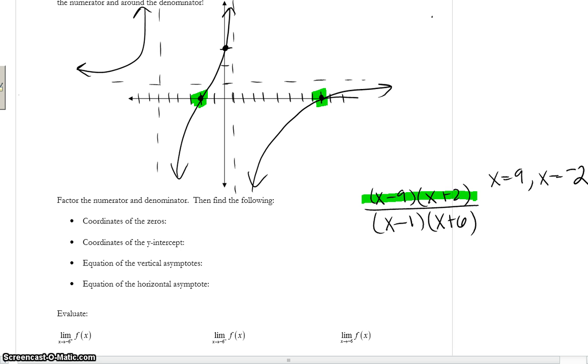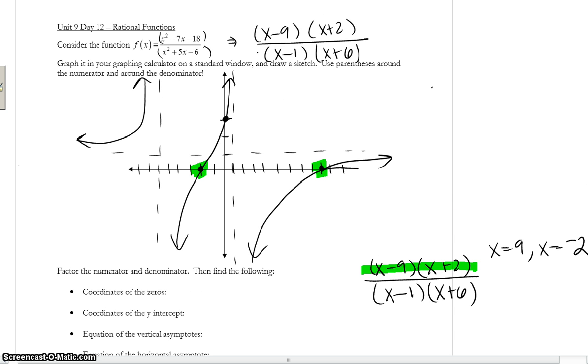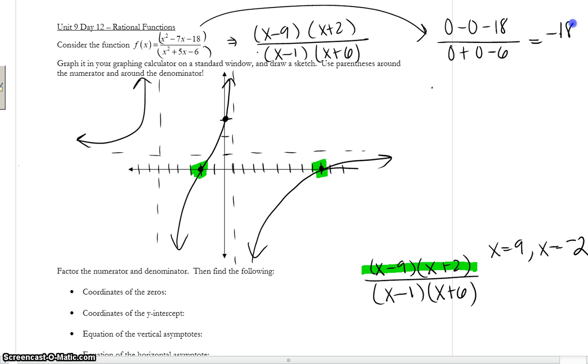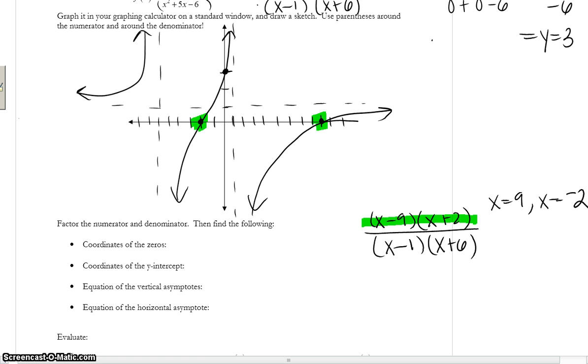And then it says find the coordinates of the y-intercept. So if we were to plug in 0 into our function, we would get 0 minus 18 over 0 plus 0 minus 6, which gives you negative 18 over negative 6, so y is equal to 3, which we get right here.